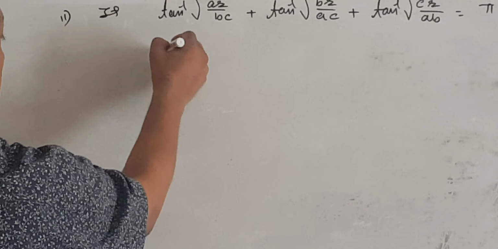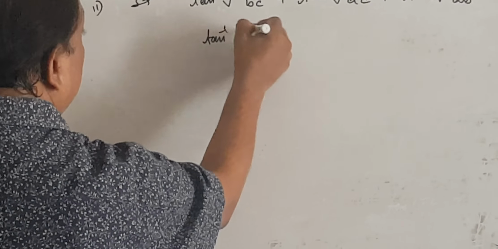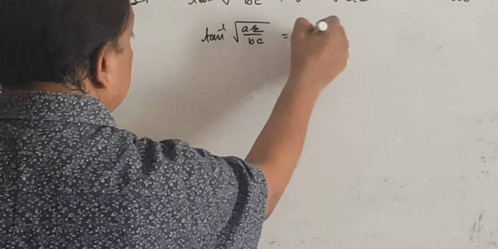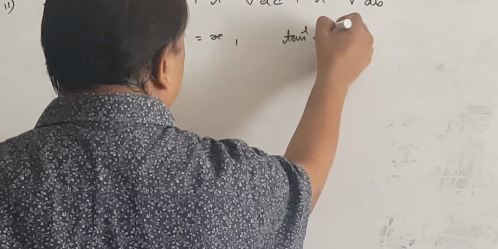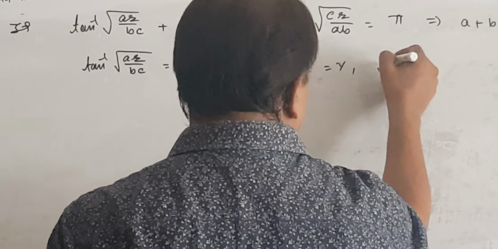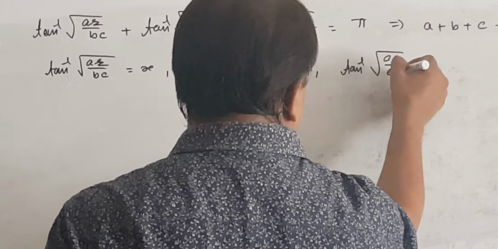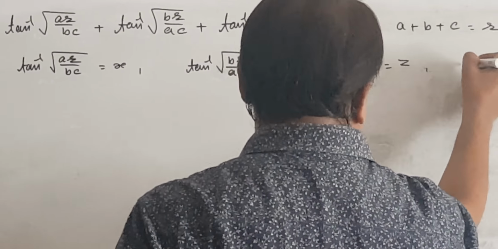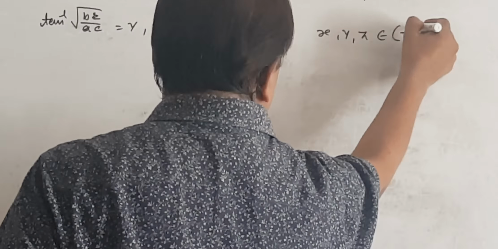First of all, let tan inverse root AR upon BC is x, tan inverse root BR upon AC is y, and tan inverse root CR upon AB is z, where x, y and z belong to the open interval minus 1 to 1.